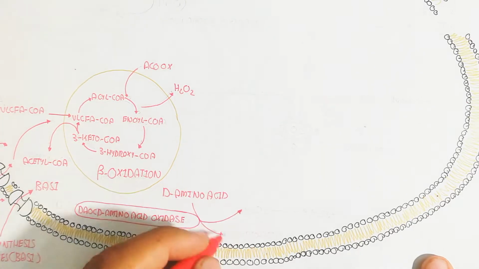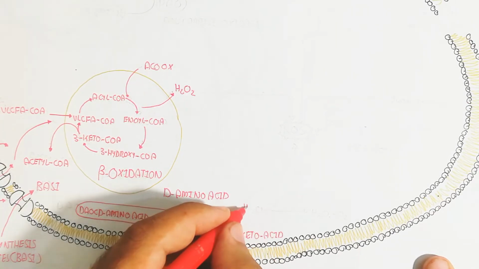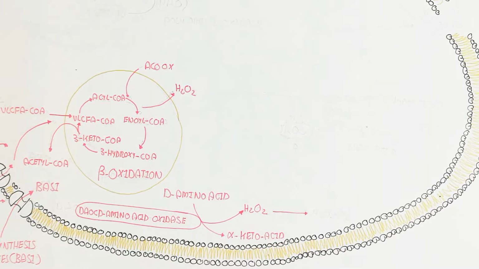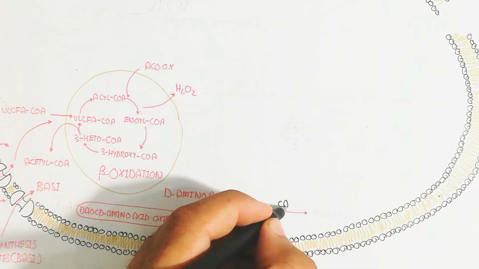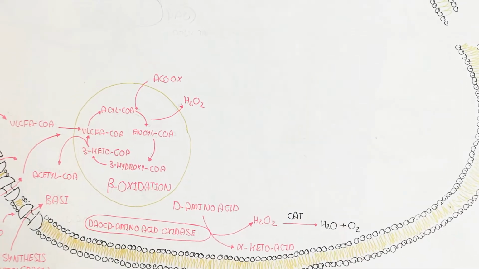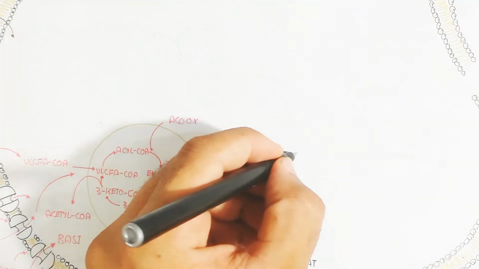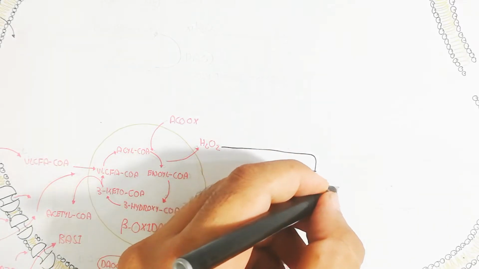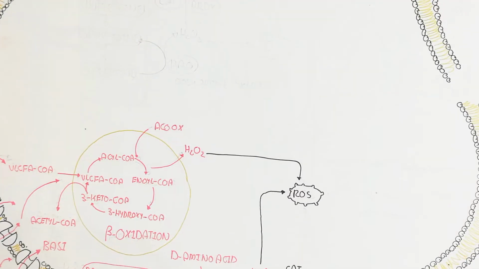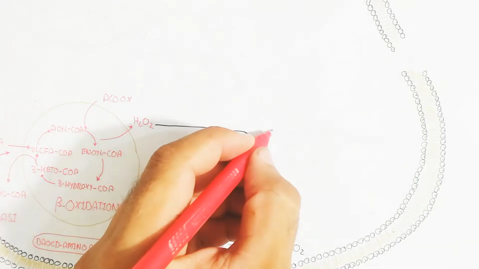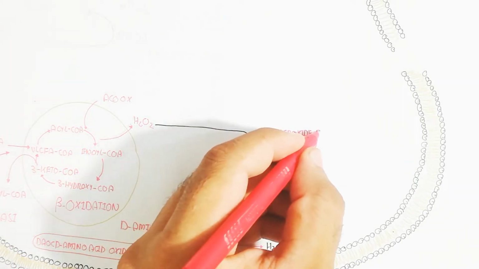Here the D-amino acid oxidase enzyme will convert the D-amino acid into alpha keto acid and hydrogen peroxide, and the catalase enzyme can convert it into water and oxygen simply and easily. On the other hand, reactive oxygen species will be produced from the hydrogen peroxide if it is not converted through the catalase enzyme.